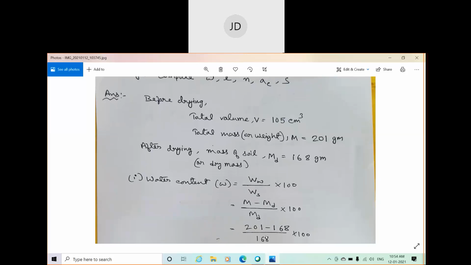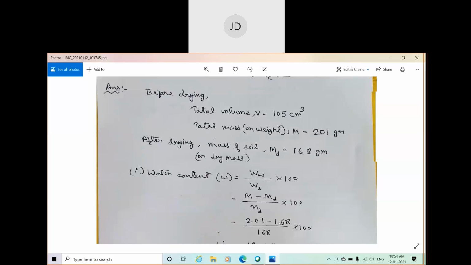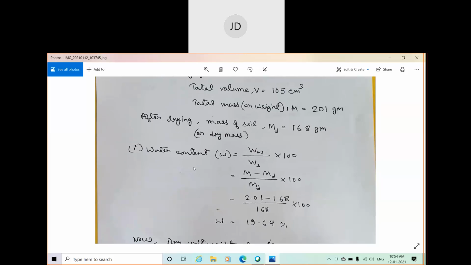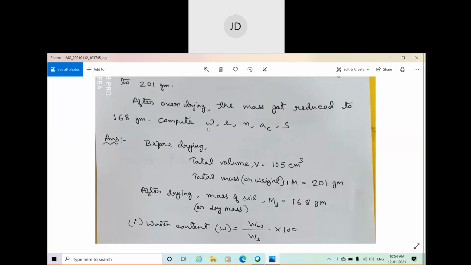Two parameters are given to you: total mass is 201, and mass of the solid after drying is 168. So (201 minus 168) divided by 168, multiplied by 100, finally gives moisture content, or water content, as 19.64 percent. You just do it by yourself and find out correctly. So 19.64 percent. The first thing, the water content, we already have.